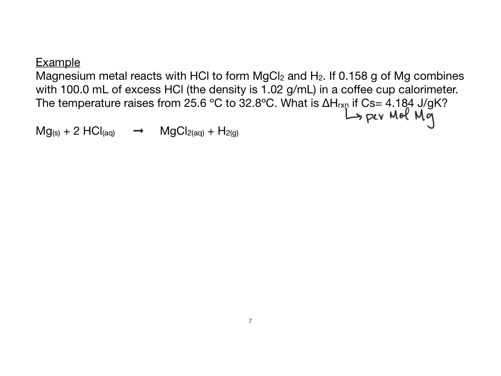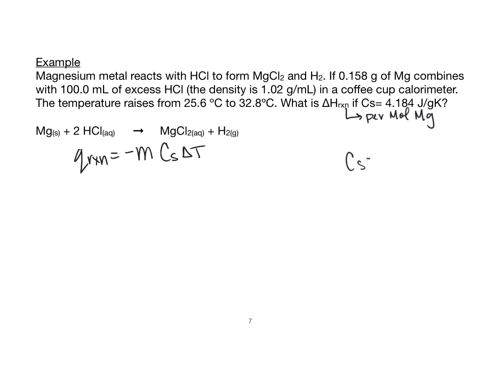What is delta H reaction per mole of magnesium if C sub s equals 4.184 joules per gram Kelvin? It's asking us to find delta H reaction, and in order to do that, we need to find Q reaction. So Q reaction is equal to negative m C sub s delta T.